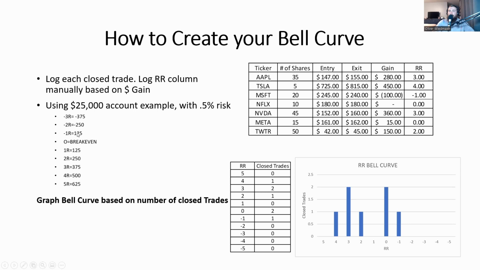If, for whatever reason, you made your stop too low, or you were messing around and you went bigger than you should have, and you had a loss of negative $250, you would have made a negative 2R trade. So you just log it in this column. And so what this does is it just counts the number of closed trades on this graph here.